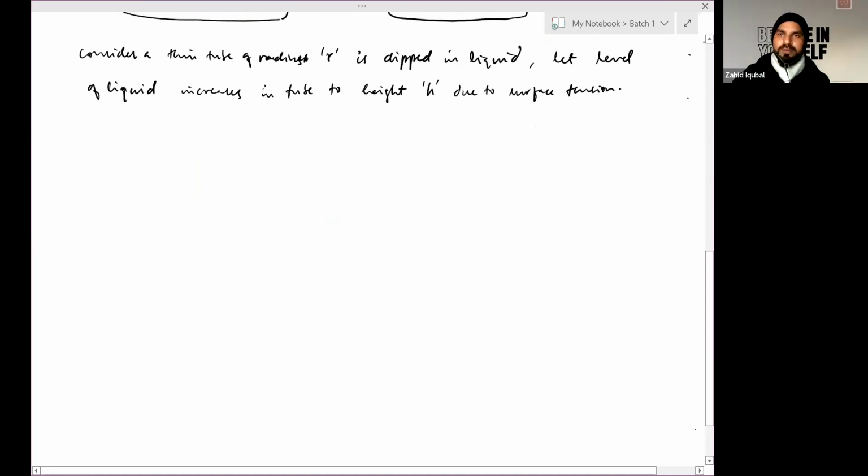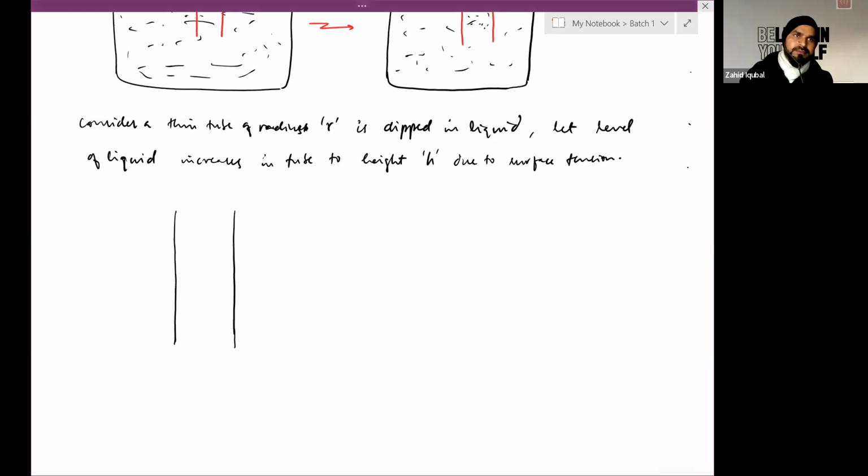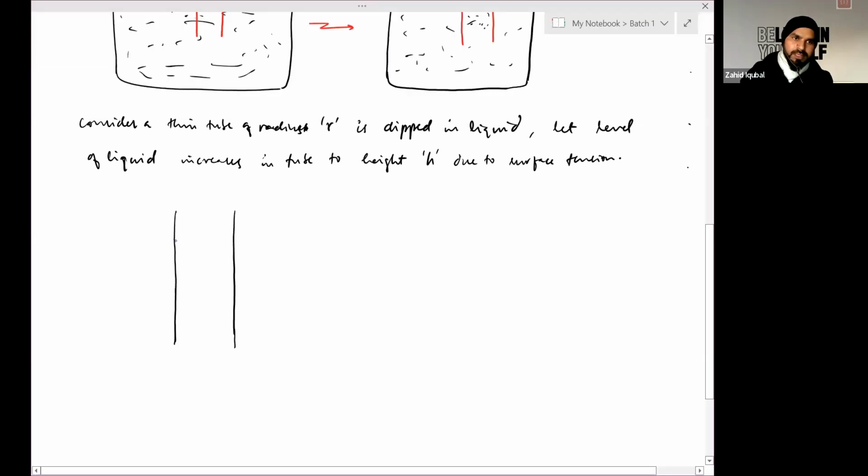Now, let me define what are the forces acting on this particular part. So this is the tube, and this is the meniscus at its top point, and this is the total amount of liquid in this tube.